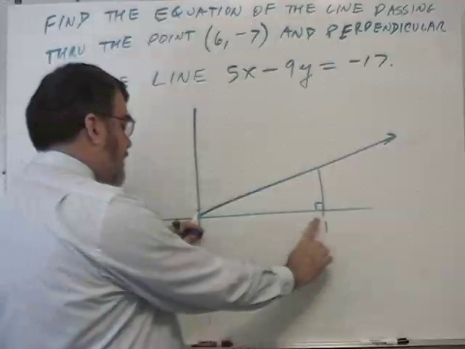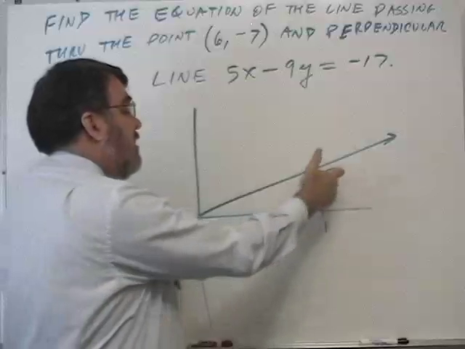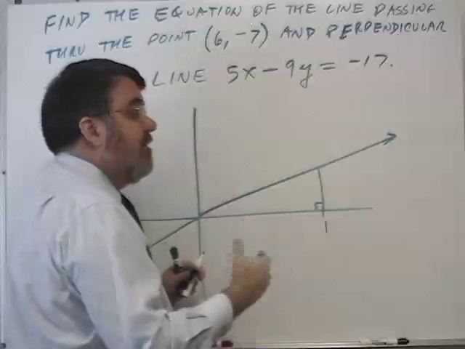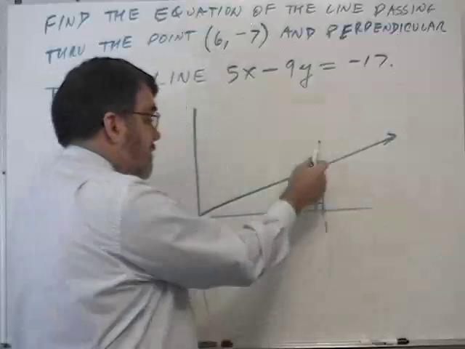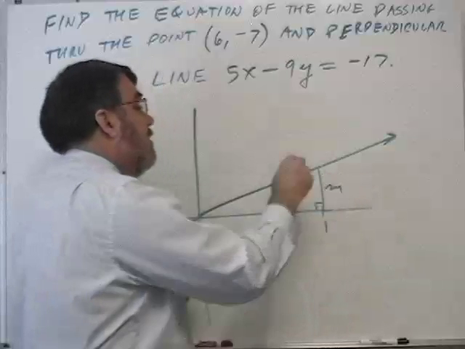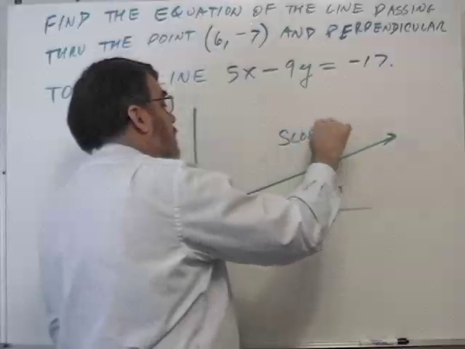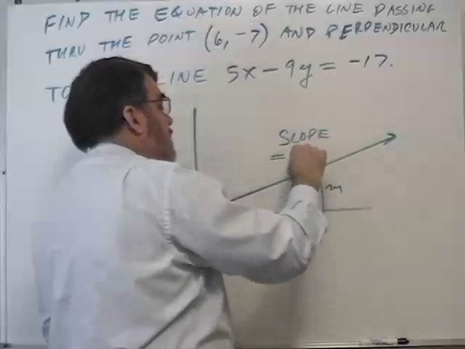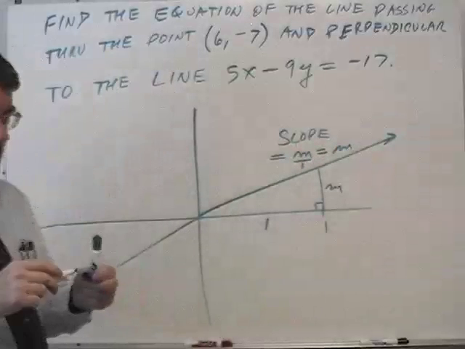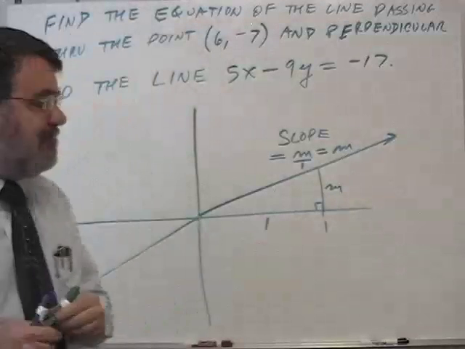And since this is a run of 1, and rise divided by run is going to be m, my slope, then what's the length? That's length 1, this is length m. And so the slope for this line is m over 1, which is simply m. All right, so there's our generic line with slope m.